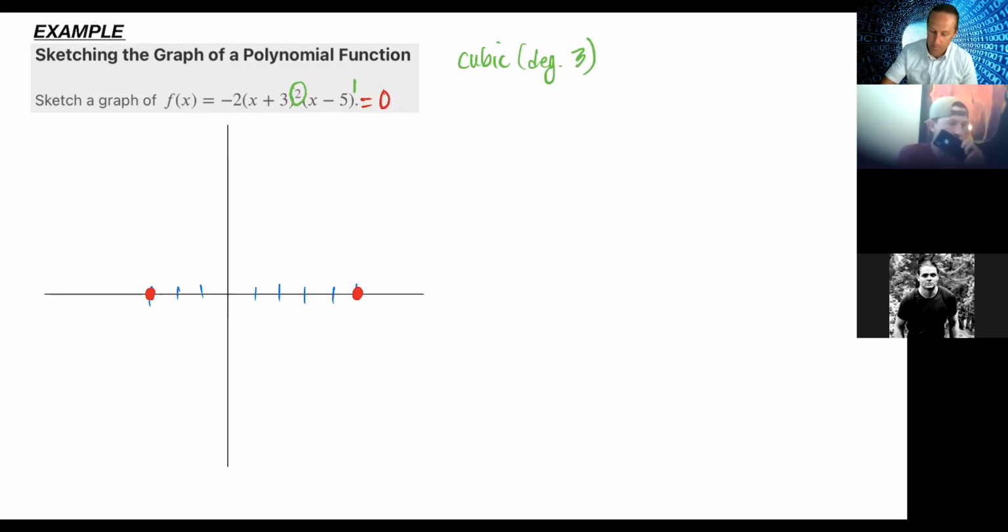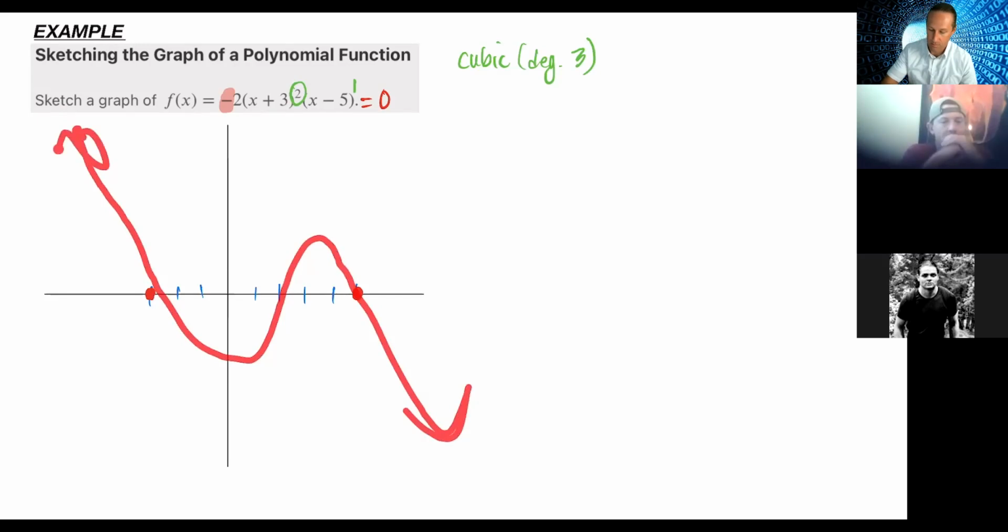We also know that because this negative is in front, that we said it would be going what from left to right? Down. Down, decreasing. So does that mean I hit this one, go through, hit that one, and I'm good?